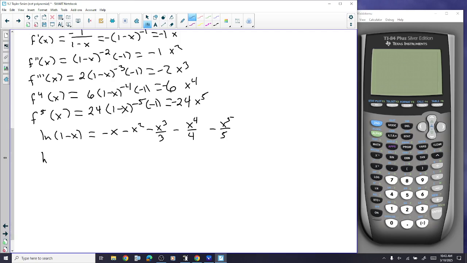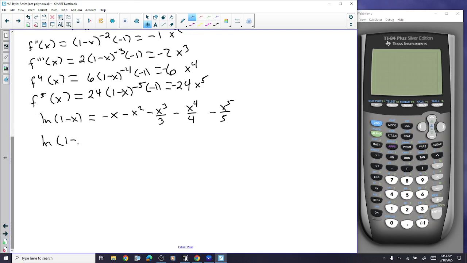Now we're going to go natural log of 1 minus x squared. So negative x squared minus x to the fourth, x to the sixth, x to the eighth, x to the 10th.